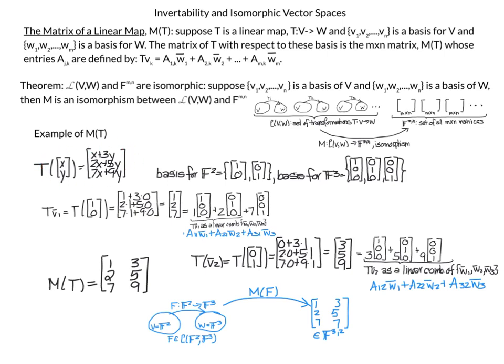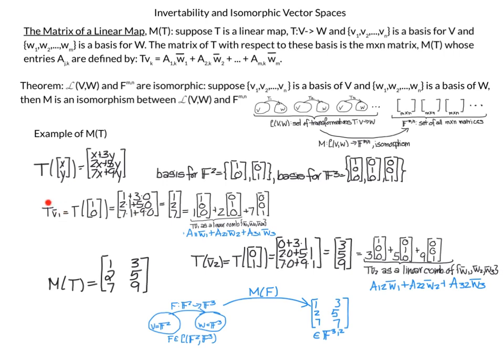And the problem in our previous video, when we talked about matrices of linear transformations, was to figure out the matrix that represented this transformation, this M of T. If you recall, once you know how a transformation transforms a basis, you know how it transforms all the other vectors. So the first thing we did was get a basis for F2, which is (1, 0), (0, 1), and a basis for F3, which is (1, 0, 0), (0, 1, 0), (0, 0, 1).